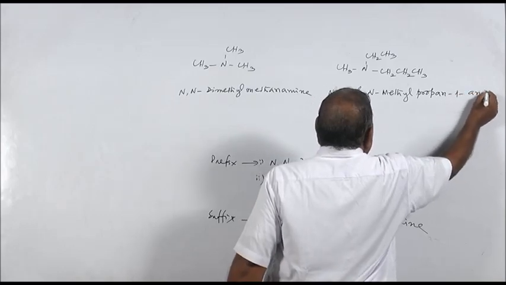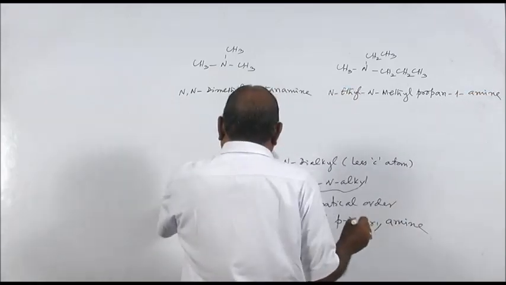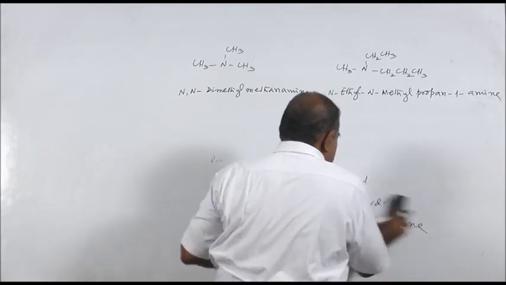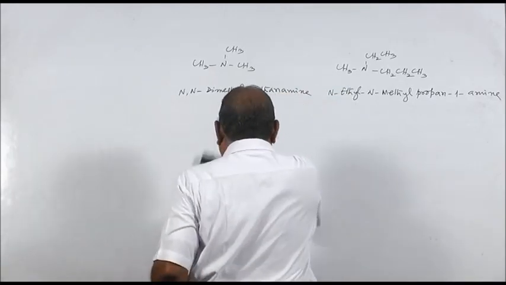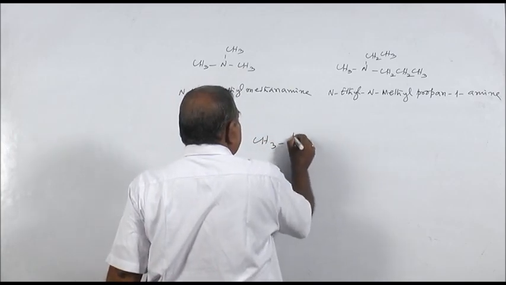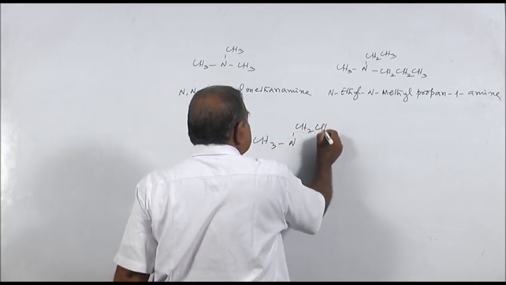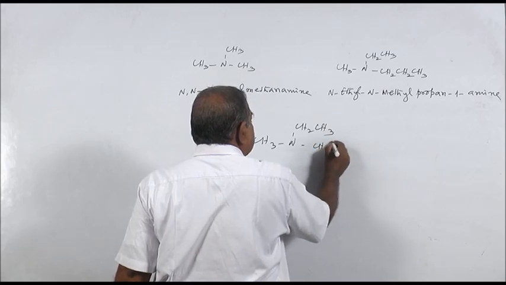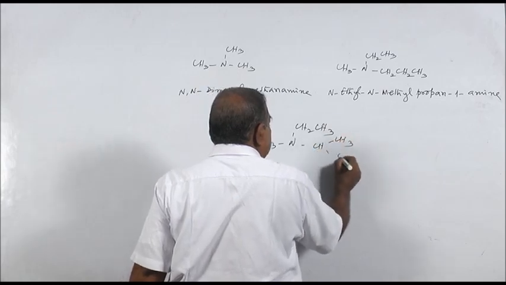1-amine, because there can be another structure, say CH3 and CH2, CH3, CH having 3 carbon atoms also.